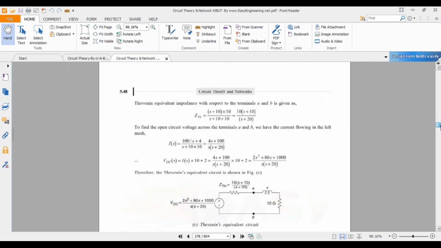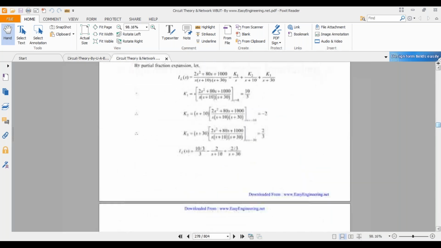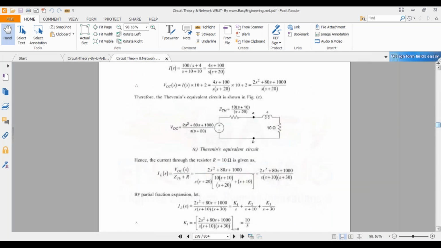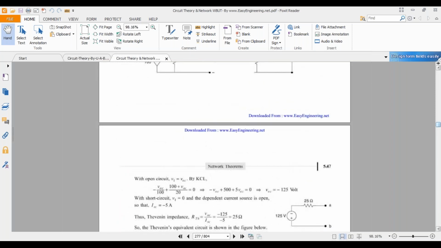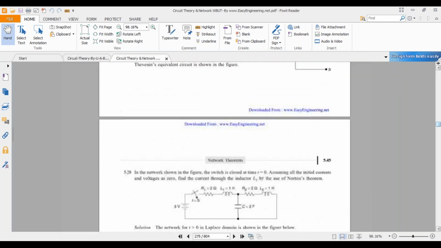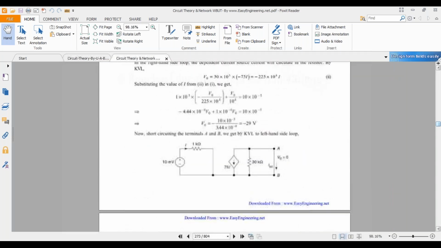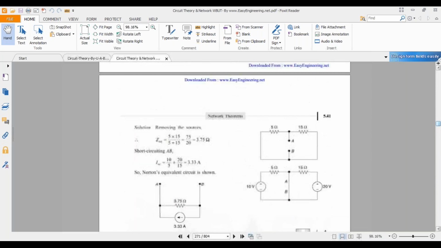Now, whatever Kirchhoff's laws, KVL and KCL, are there, the same laws can be applicable to AC circuits also. We can apply the same principle of KVL and KCL to an AC circuit.